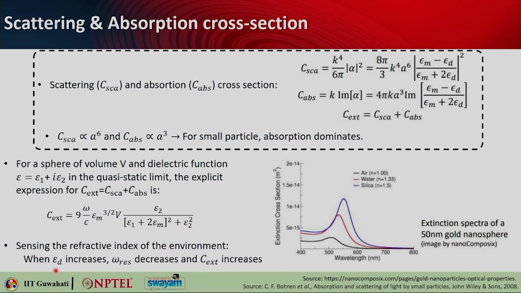So, when epsilon D increases, from here to here, the wavelength actually increased, it means the resonance frequency actually decreased and your cross section of extinction actually increases. So, once again this is in terms of wavelength. Wavelength increasing means it is getting redshifted, that means the energy is getting reduced.